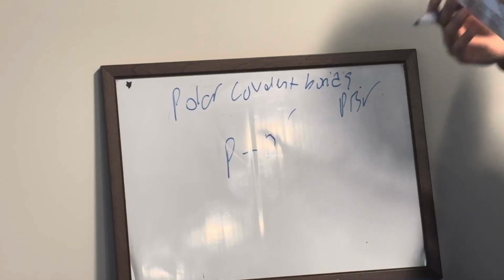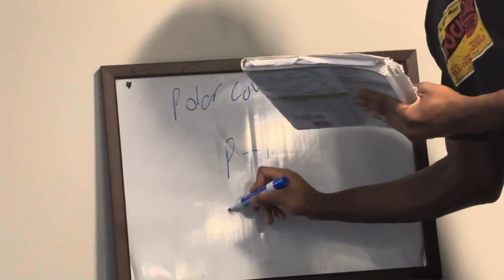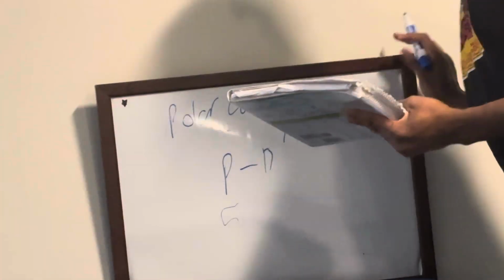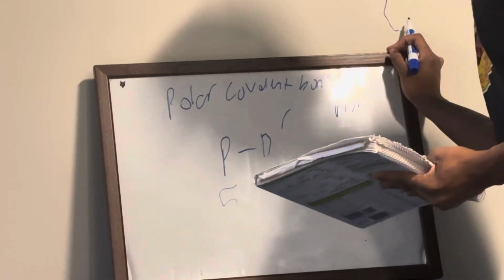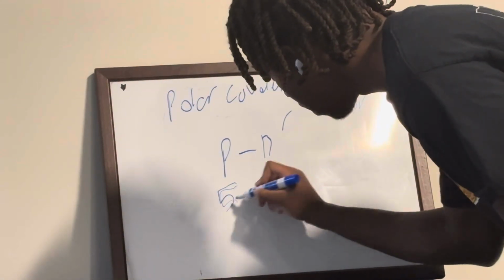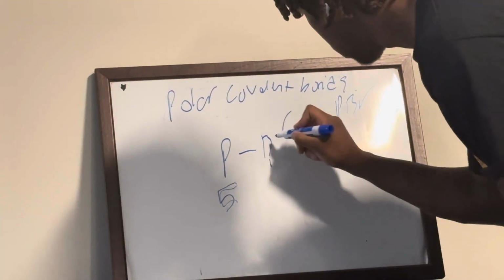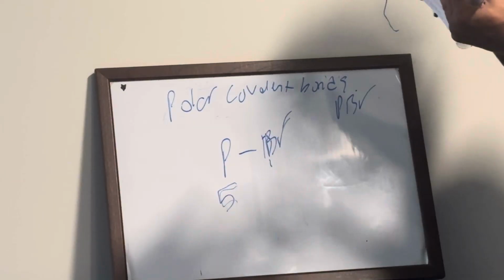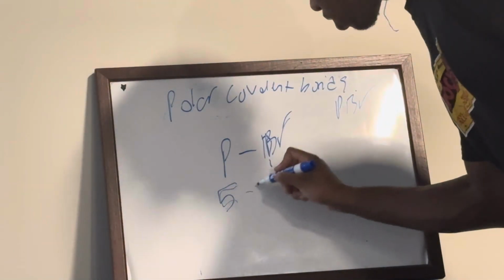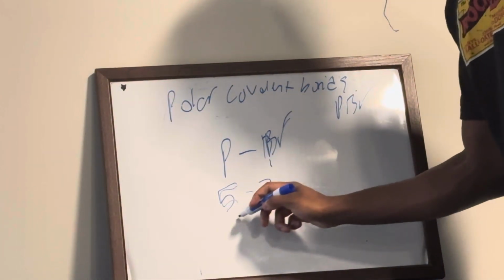If you see, phosphorus has 5 electrons, and bromine has 7 electrons, and these are not equal.